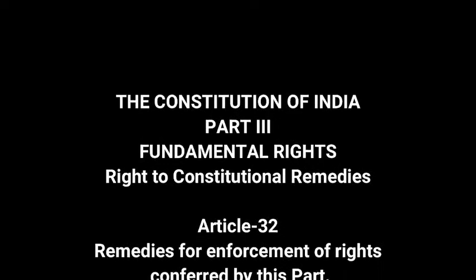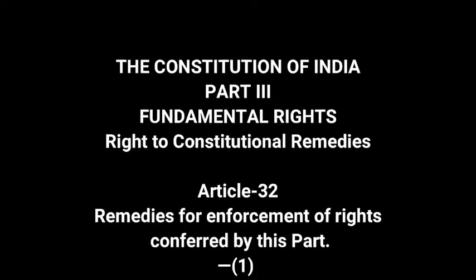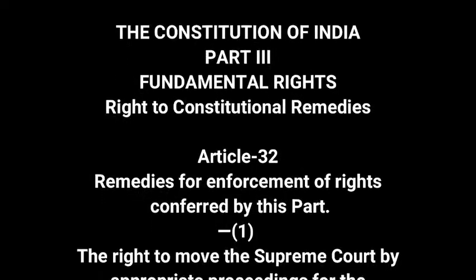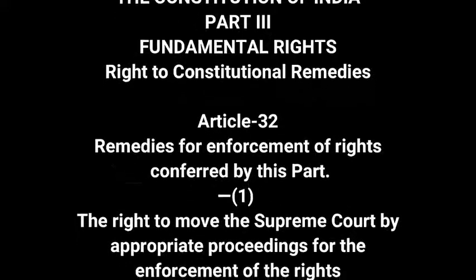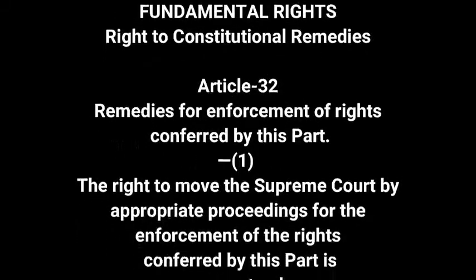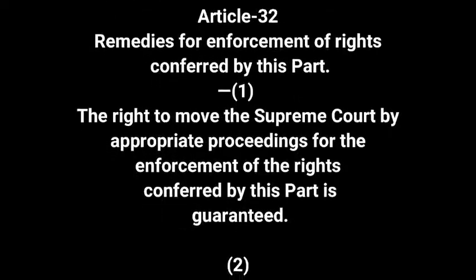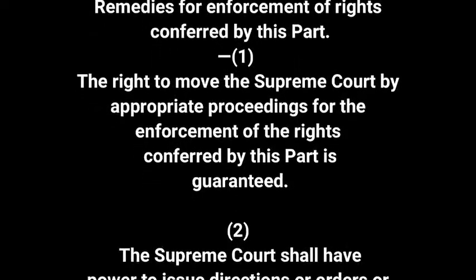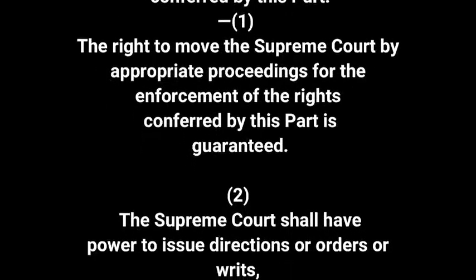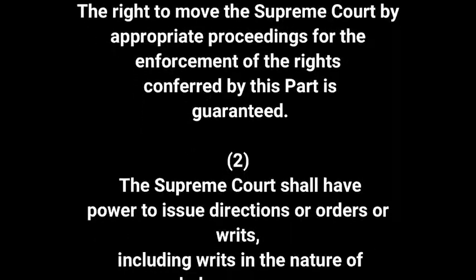The Constitution of India. Part 3. Fundamental Rights. Right to constitutional remedies. Article 32. Remedies for enforcement of rights conferred by this Part. 1. The right to move the Supreme Court by appropriate proceedings for the enforcement of the rights conferred by this Part is guaranteed. 2.